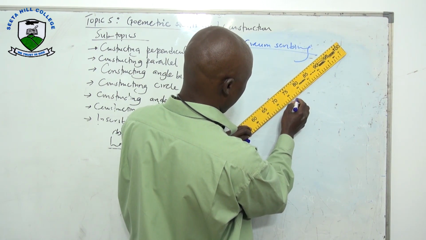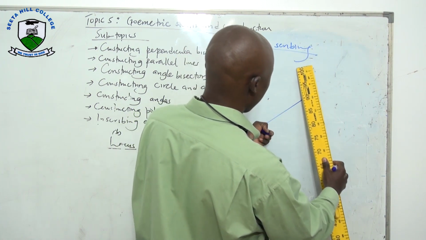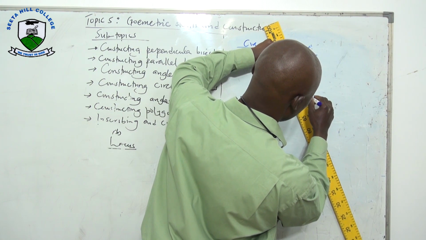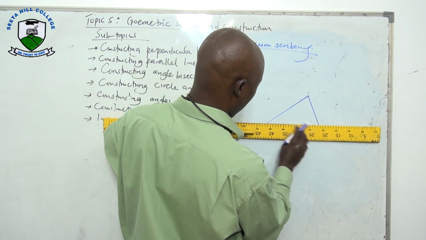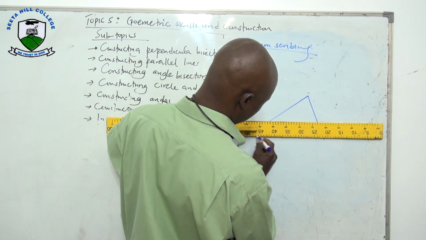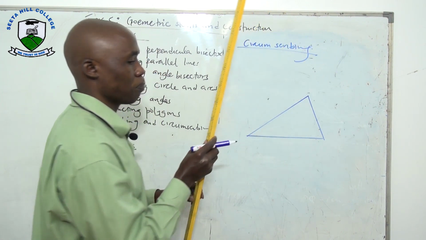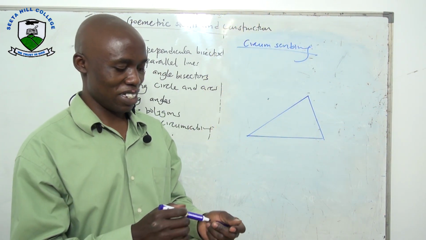Let me draw one. How do we circumscribe, class? Some of you did it in primary. Yes, Grace.